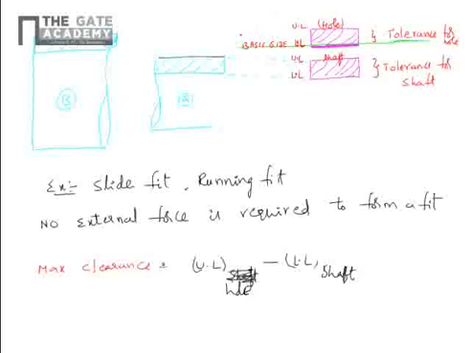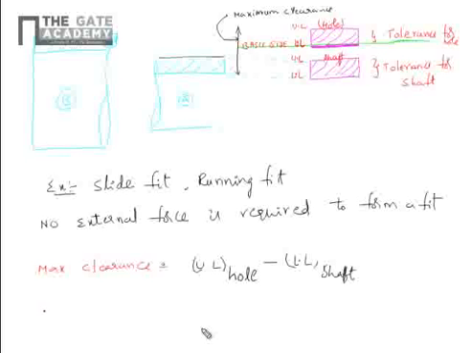That means if you want to show it in the diagram, this one is maximum clearance: upper limit of hole minus lower limit of shaft.